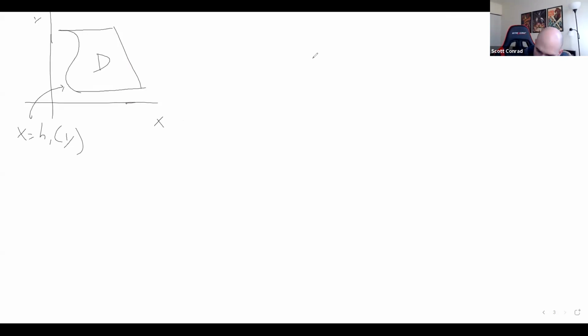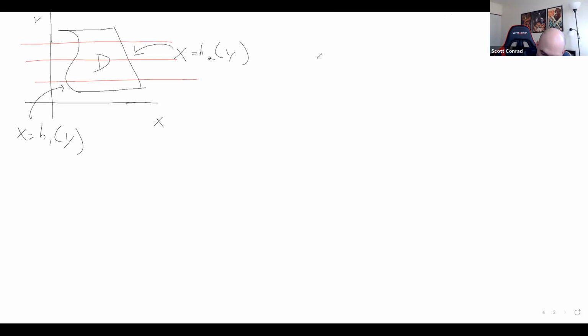And so we're bounded to the left by x equals some function of y, and to the right by x equals some other function of y. And so similarly, you do a horizontal line test. You're always going to hit the left boundary on h1 of y and the right boundary on x equals h2 of y.